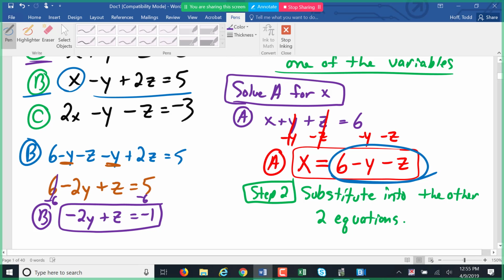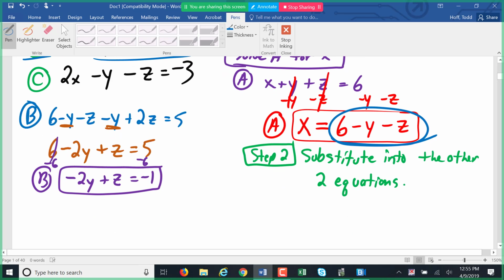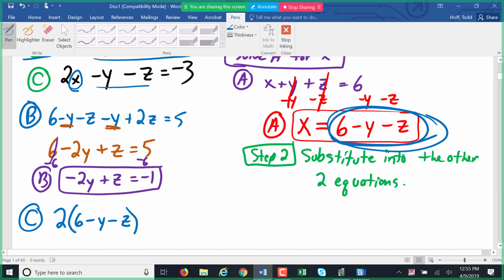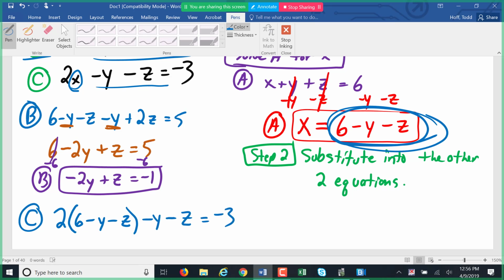Now the only equation I haven't used yet is C, so let's go back and do that. In equation C, again, I'm going to replace x with 6 minus y minus z. So 2 times x becomes 2 times 6 minus y minus z. Then we have minus y minus z equals negative 3.